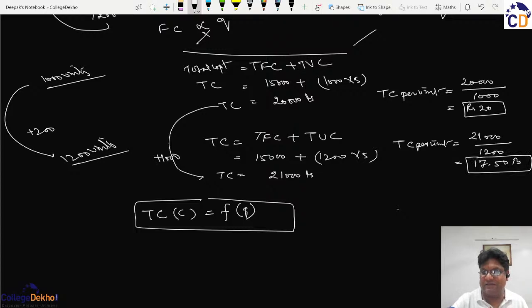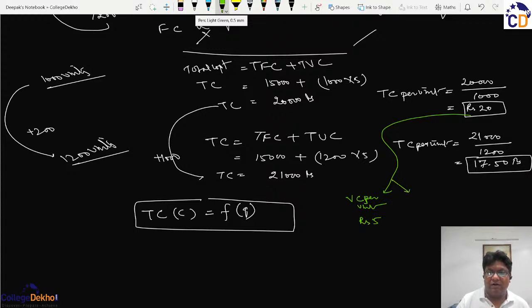And if you analyze that, in this total cost figure the variable cost per unit is rupees 5, and the fixed cost per unit is rupees 15.